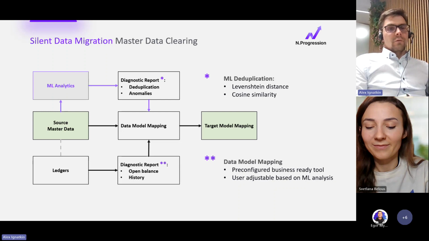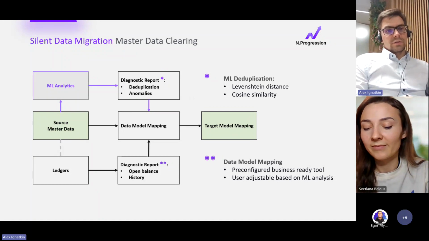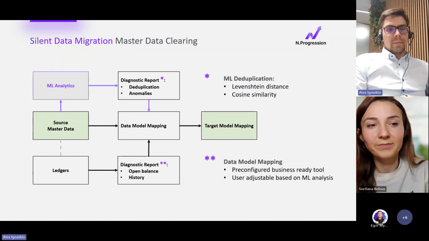So this is a report. It's just a suggestion. Based on these suggestions, we can fill in some configuration related to the data model mapping, which includes sets of rules for how we can transfer the source master data to the target master data.